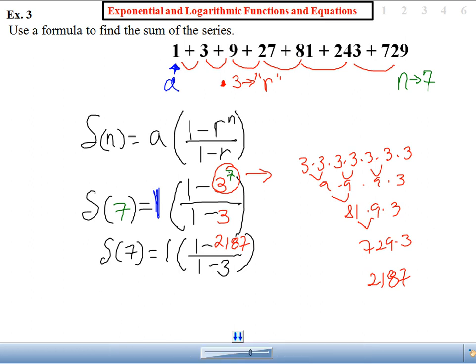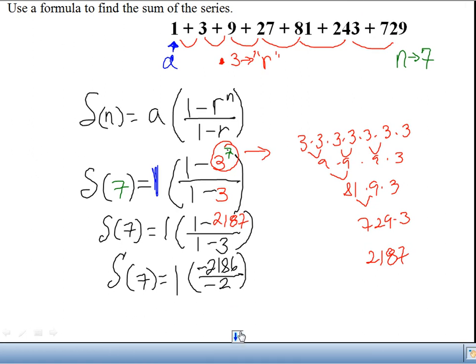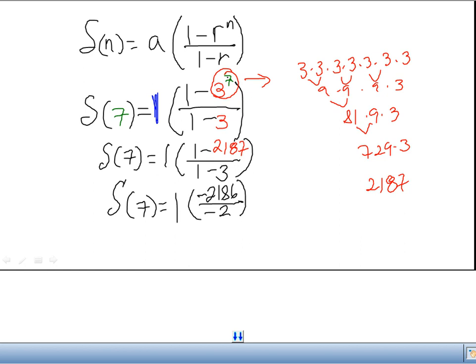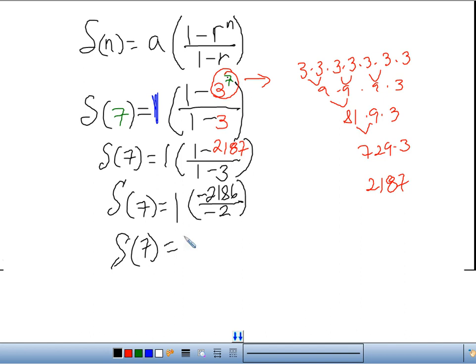S of 7 equals 1 times, what is 1 minus 2187? That's negative 2186 over, what is 1 minus 3? Negative 2. All right, so we got S of 7 equals 1 times, what is 2186 divided by 2?